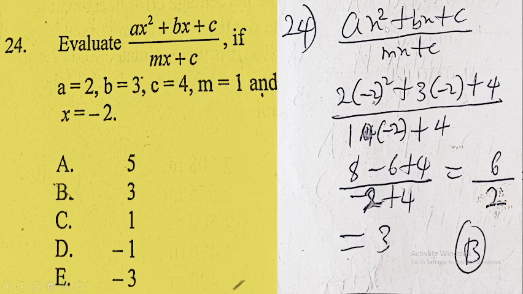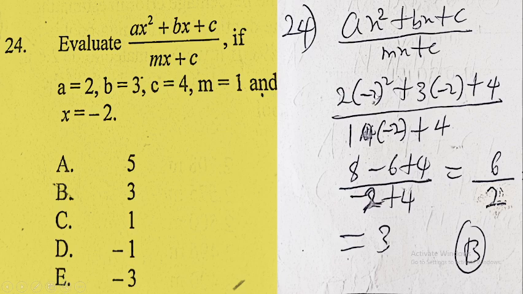So if you substitute them accordingly, we have a to be 2, 2 into x is minus 2, minus 2x minus 2 squared plus 3 into x, x is minus 2, put it there, plus c is 4, put it there, over m is 1, 1 into bracket x is minus 2 plus c is 4.